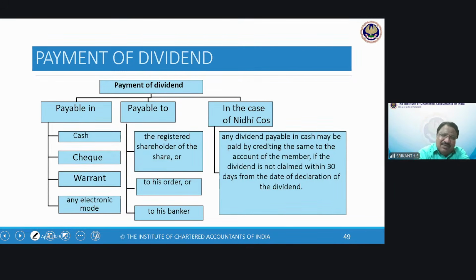But all that is not there, sir. Today, if the company declares a dividend, straight away the designated bank account with the DP, the depository participant, will be used. Every one of you who has a DP account would have linked the DP account to one or more bank accounts. In fact, they will ask you to state the account. Whichever account you say is linked to the DP, that account will be credited with your dividend.